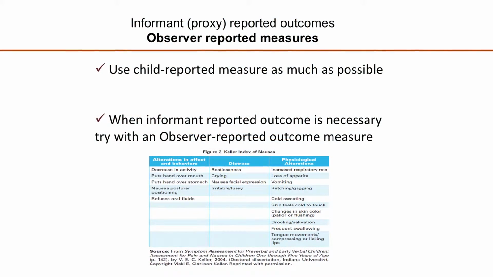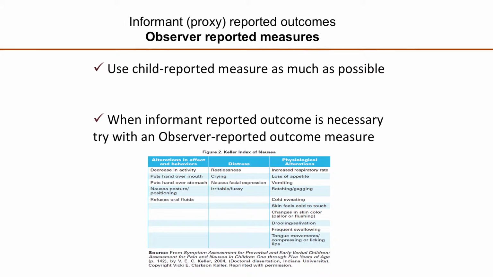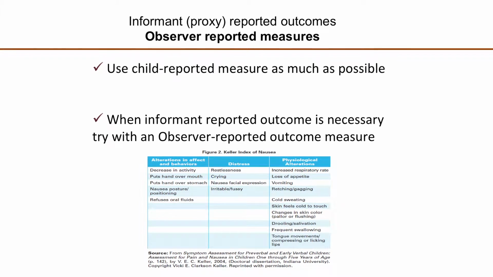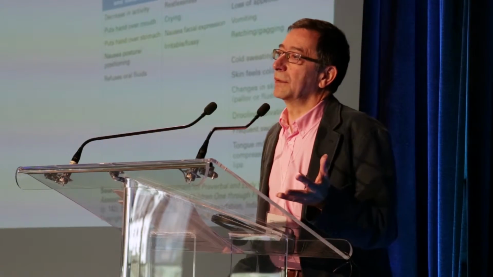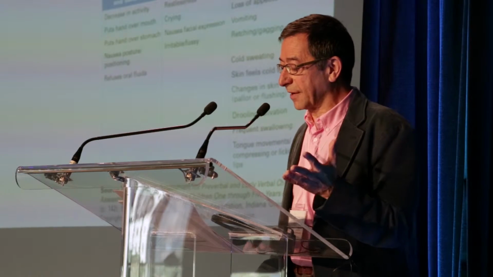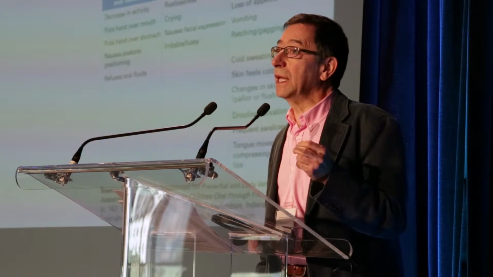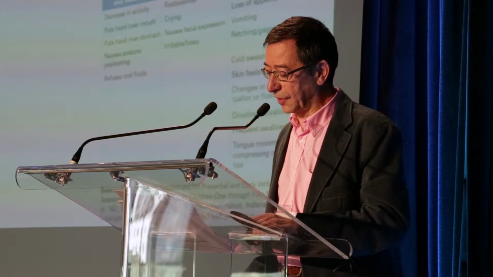And the next question is how to measure health-related quality of life in children younger than 6 years old. Then we use informant-reported outcomes, but informant-reported measures should have observable content as much as possible.